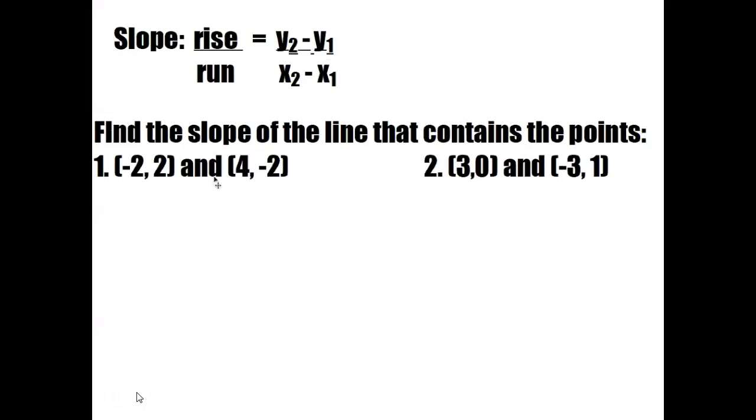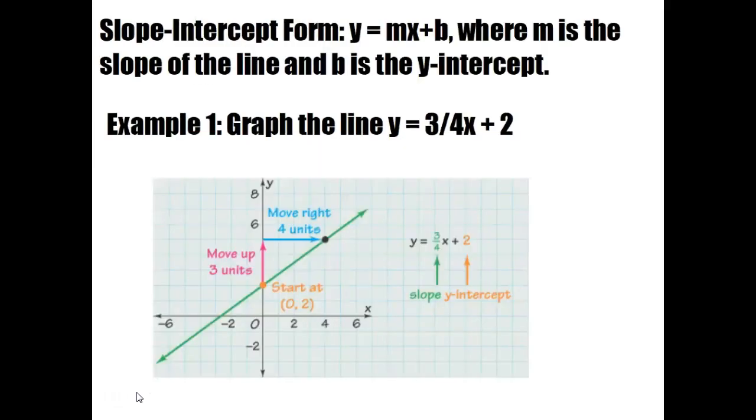So you did these 2 examples on Friday, and we found our slopes. We talked about slope-intercept form, where y equals mx plus b is slope-intercept form. M is the slope of the line, and b is the y-intercept. So that gives you your rise and your run.